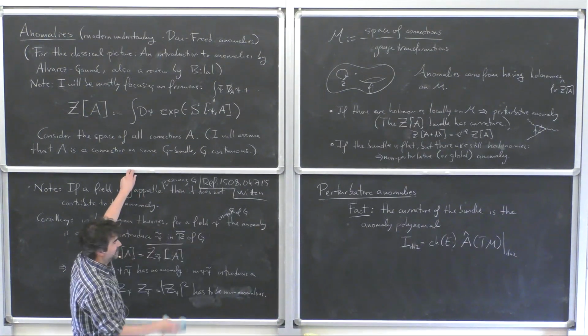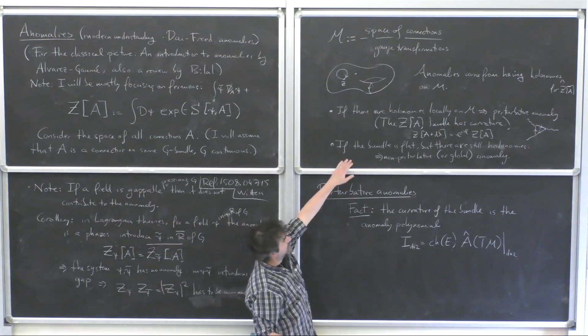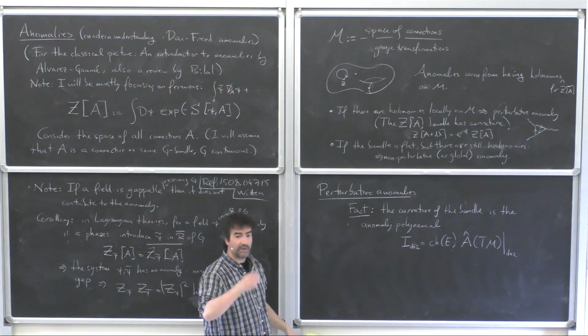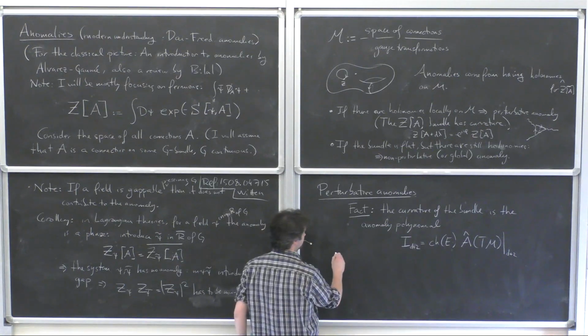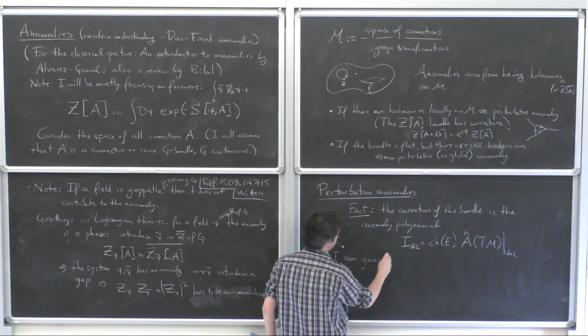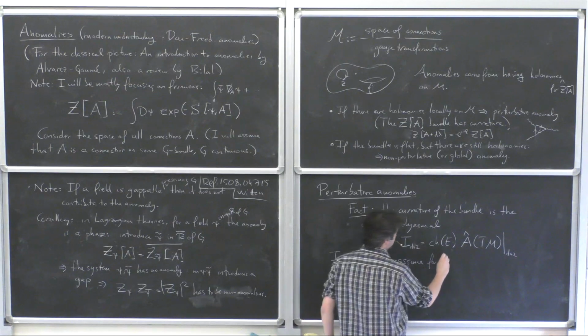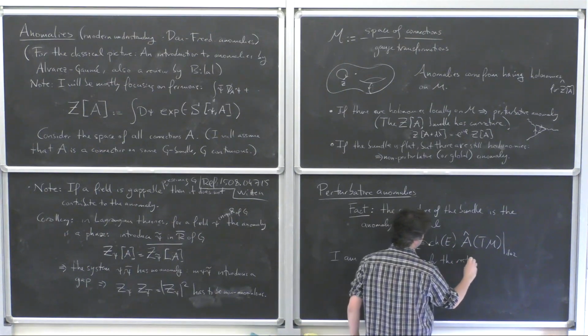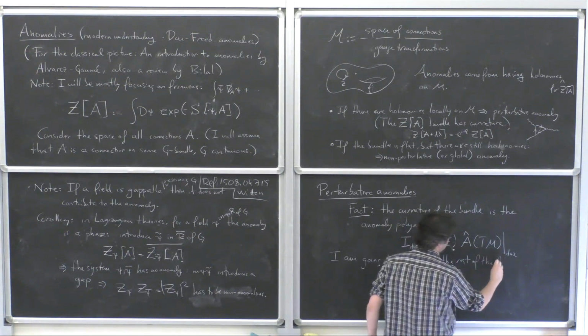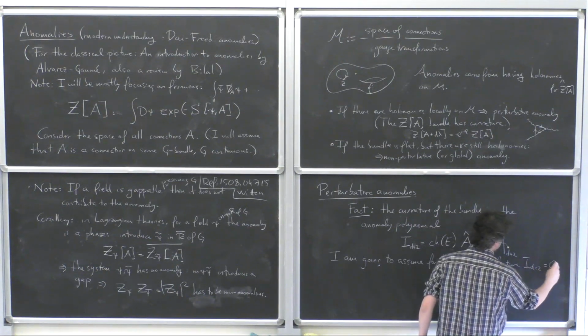My interest is in what happens when this polynomial vanishes. So when we have flat bundles that still have holonomy. So I'm going to assume for the rest of the lecture that I D plus 2 is equal to 0.